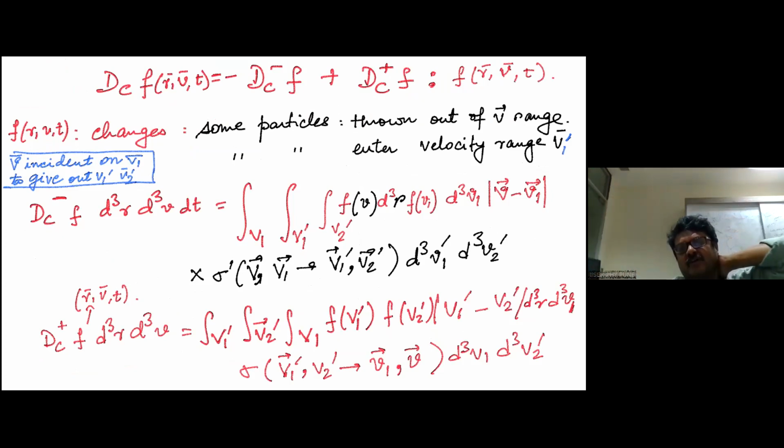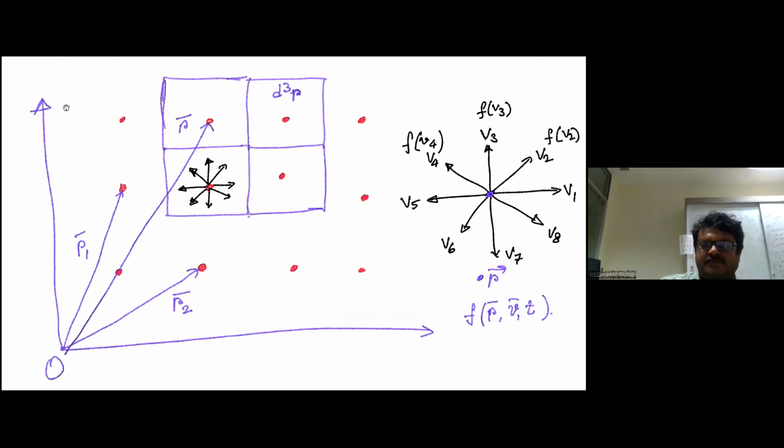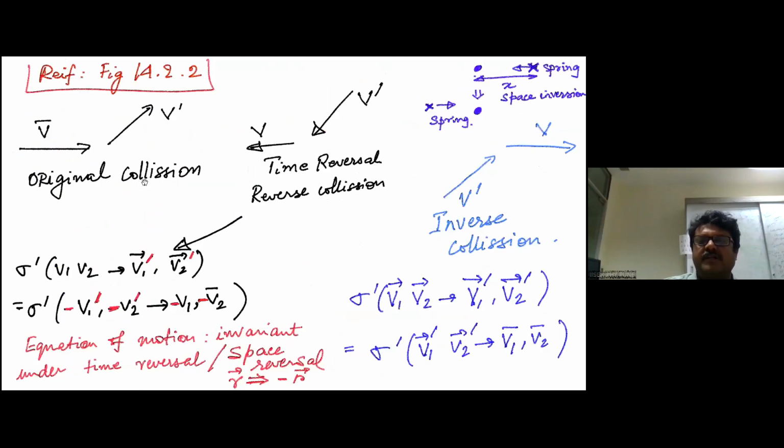Or talking in terms of relative velocities, suppose one particle was approaching with relative velocity v dash and goes off to v. So that's the picture we are having. This is the inverse collision, this is the original collision.